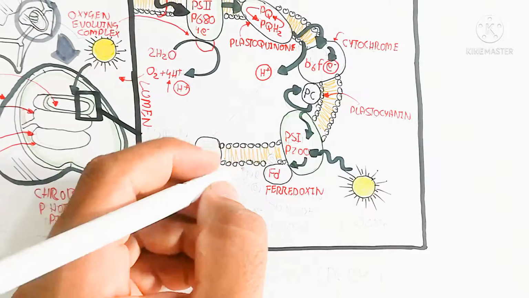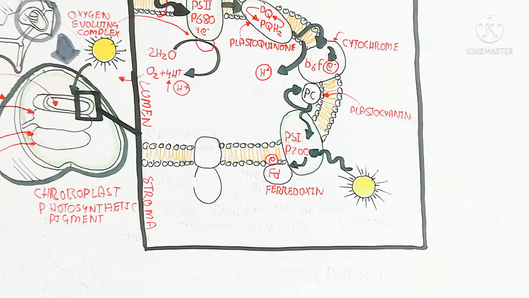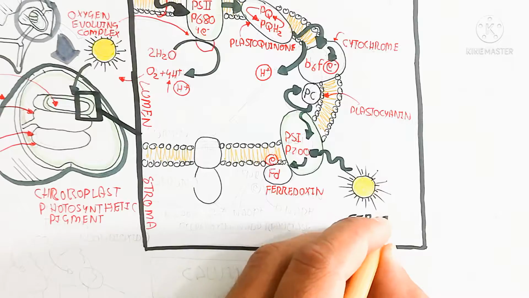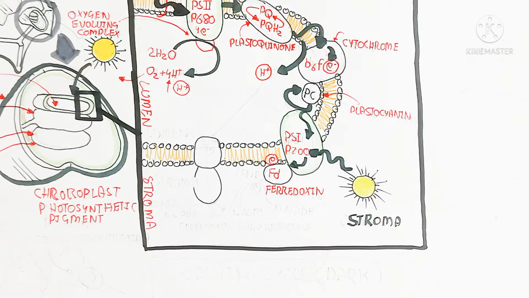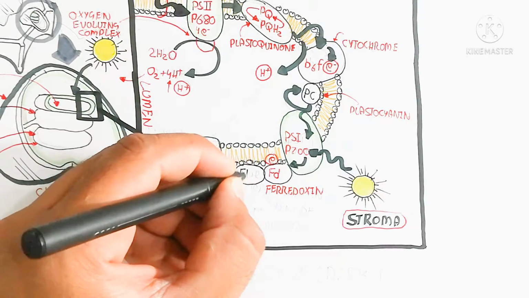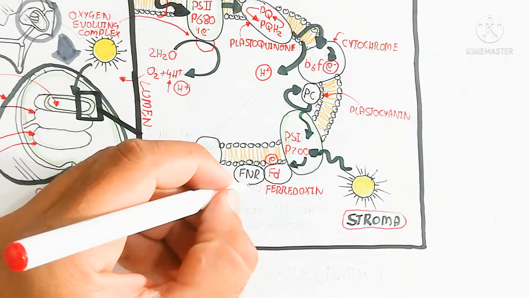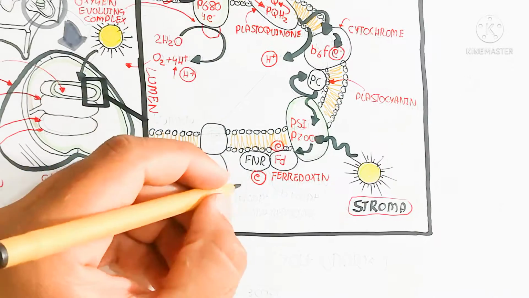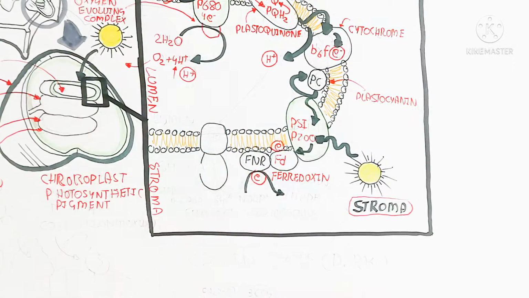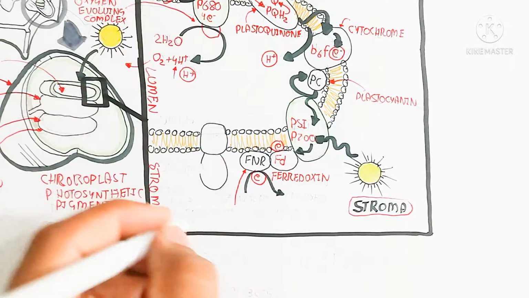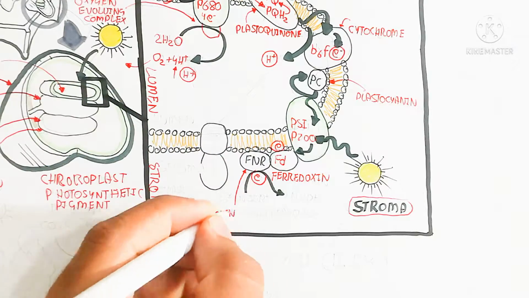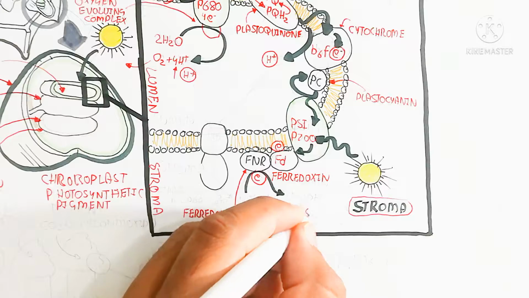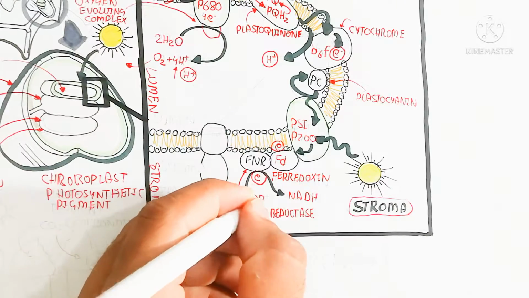This ferredoxin is an iron-containing protein. This iron-containing protein gives the electron; it is also a mobile protein, and it transmits the electron to the ferredoxin NADP reductase enzyme. This NADP+ reductase enzyme reduces NADP+ into NADPH. But where is the proton?